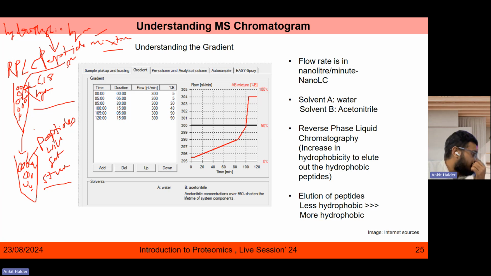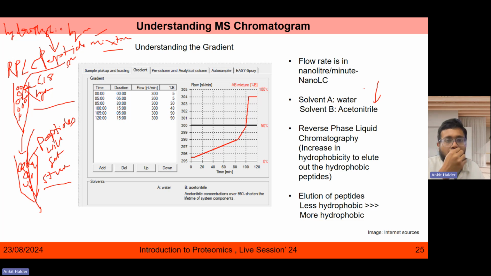Now, what happens is that when we increase the hydrophobicity as we move along, to make these peptides come out through the solution and elute on the basis of their hydrophobic nature, generally the solvent being used is acetonitrile, and its percentage gradient is increased.